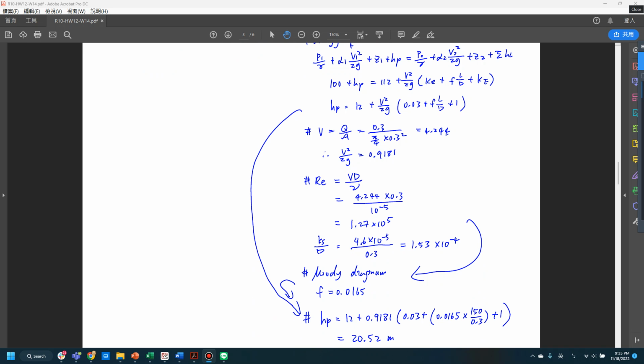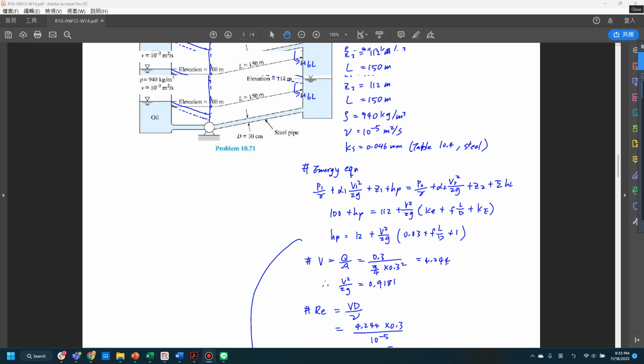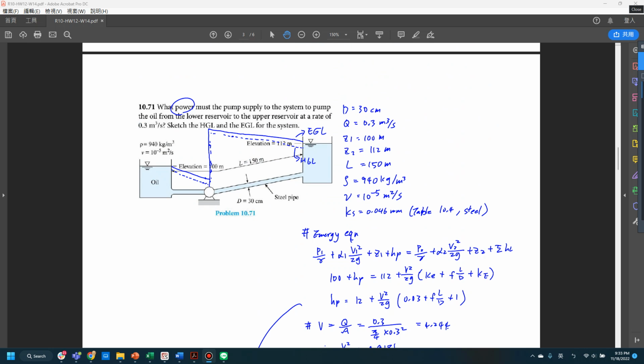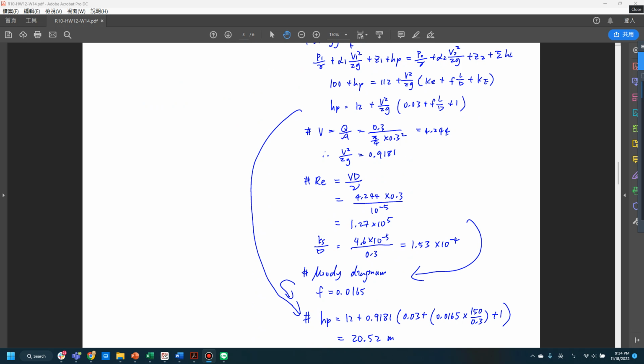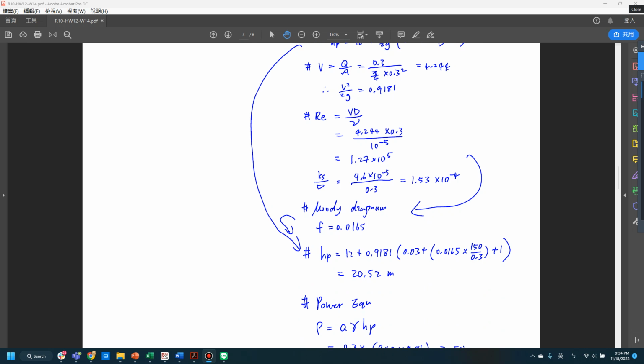And to use the Moody diagram, we will need to calculate the Reynolds number and the relative roughness using these two corresponding equations. And again, after you write down these equations, you can simply plug all the information that we got at the top into them, and you will get the corresponding values for the Reynolds number and the relative roughness. After that, you can apply the Moody diagram and solve for this factor f, and in this case, f is equal to 0.0165.